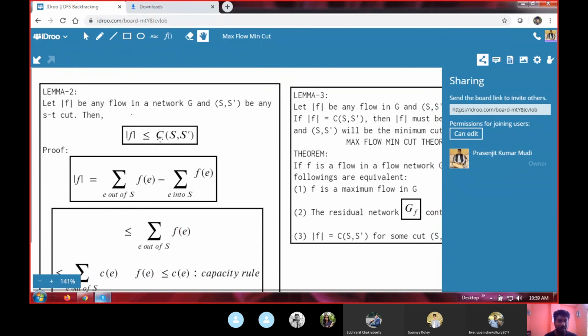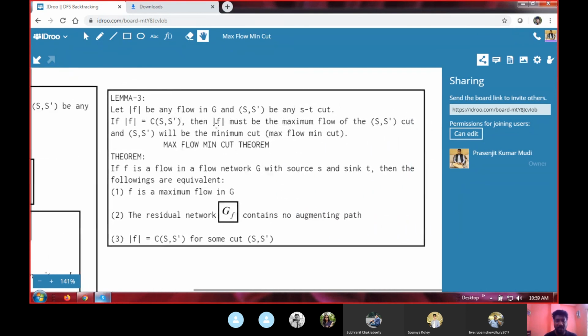So if f is C of S comma S prime, then that is the maximum flow. That means f must be the maximum flow, right? And if f is the maximum flow, we can also say that that cut will be a minimum cut. So max flow and min cut together we can combine here.